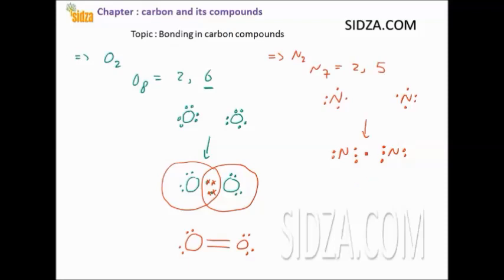So when they share the electron pairs, this is one bond, this is another bond, and this is another bond. So that means in the nitrogen molecule you get a triple bond. Each nitrogen atom has 1 non-bonding electron pair.